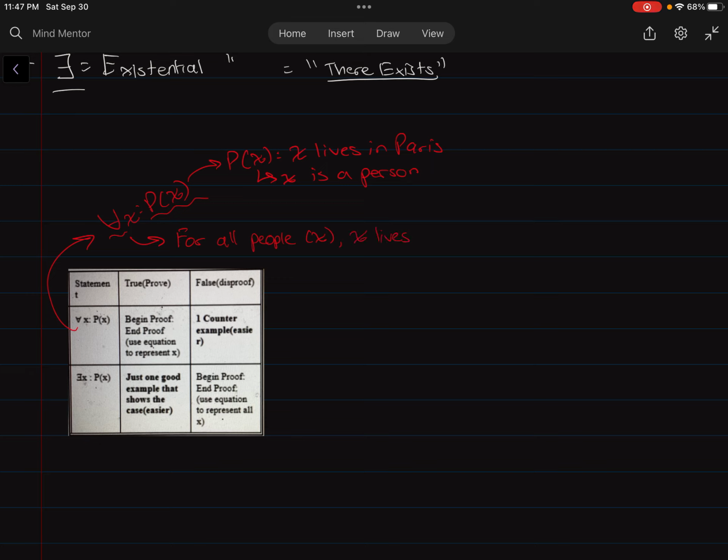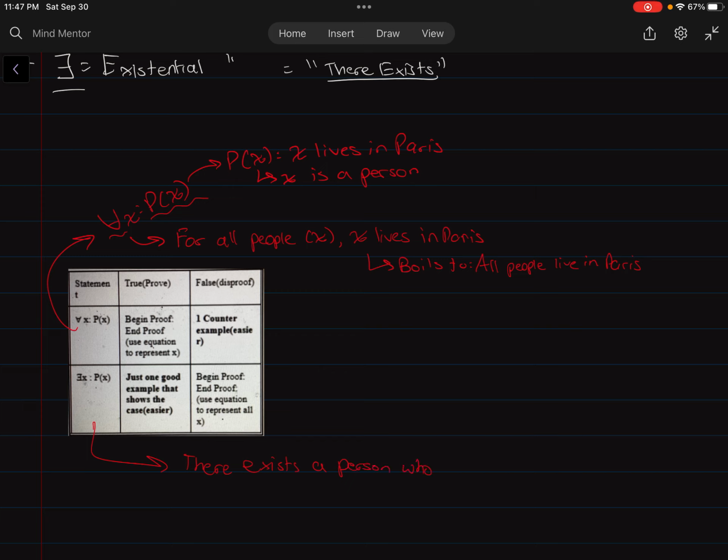So all people live in Paris. And then the existential quantifier in this case is not the opposite, but it's something else. It says there exists a person who lives in Paris.